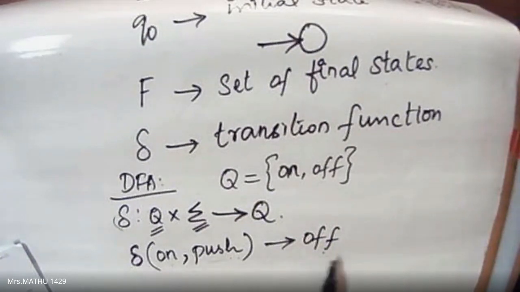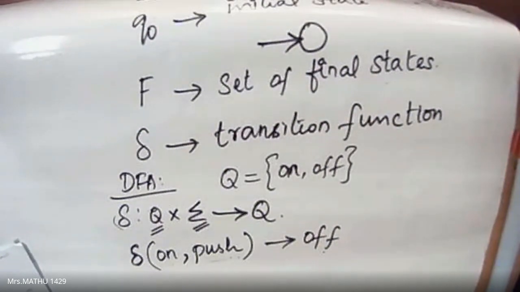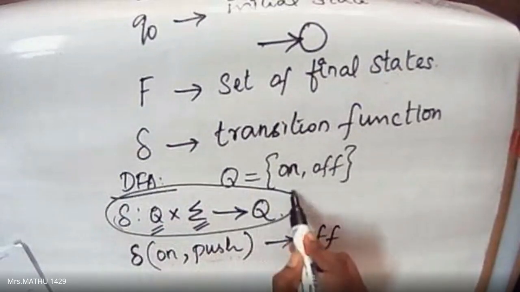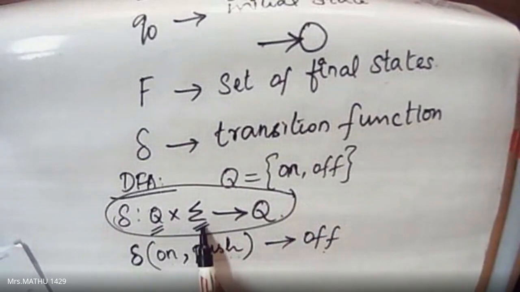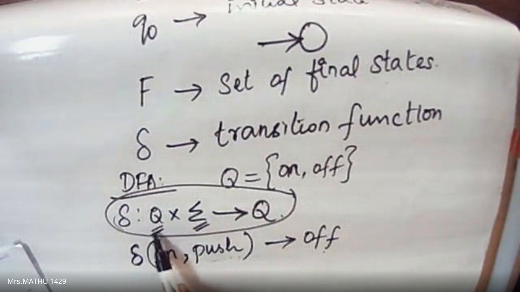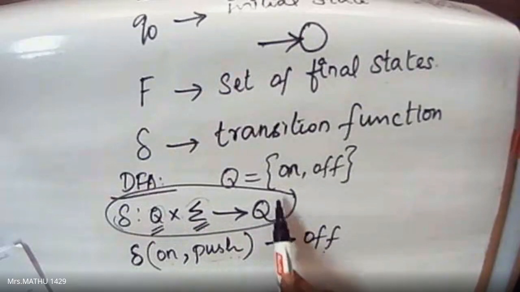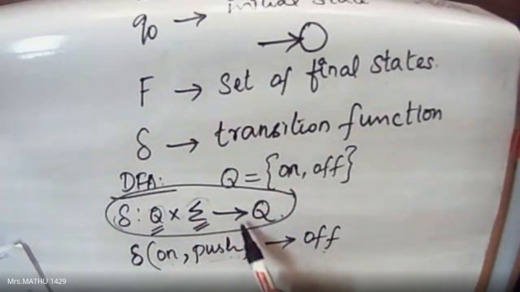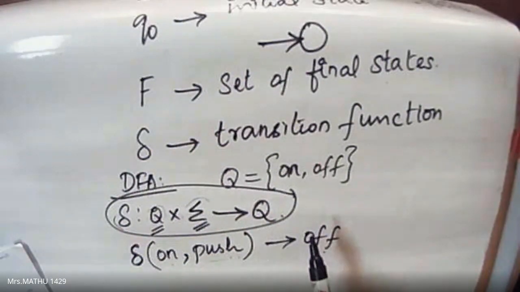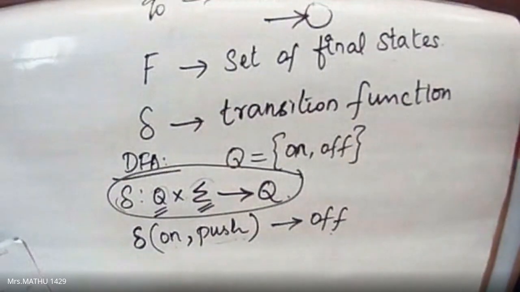This is the transition function of deterministic finite automata. Delta is given by Q into sigma gives Q. Any state taken from the set of internal states, applying some input symbol from the given alphabet, gives another state or the same state from that set of states. Now this is about DFA.